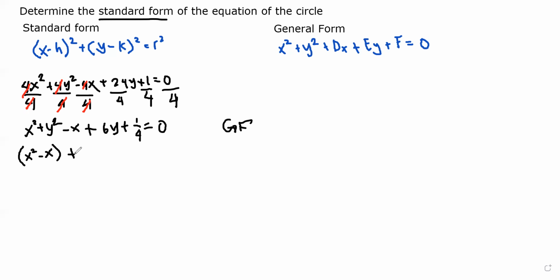And then plus, for the group of y terms, we just copy y squared plus 6y, and that would be our second group. And then for the constant term, we're going to transpose this to the right hand side. So instead of positive 1/4, it will become negative 1/4.